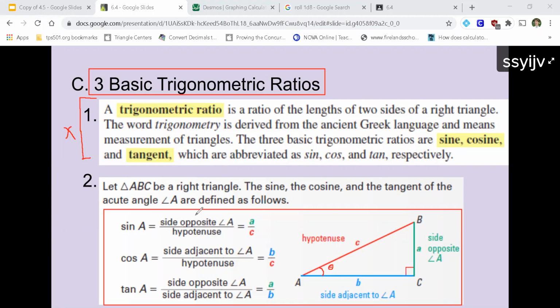So the sine of A is equal to opposite over hypotenuse, or in our case, for this example, A over C. Cosine is abbreviated COS, and the cosine of an angle will tell you how the adjacent relates to the hypotenuse, or it'll be equal to, in our case, B over C. And then the tangent is the opposite over adjacent, and it's abbreviated as TAN. So for this example, that would be A over B.